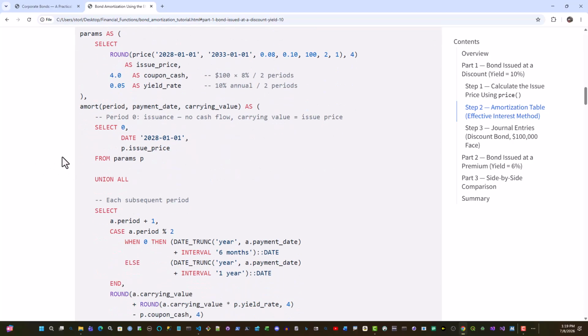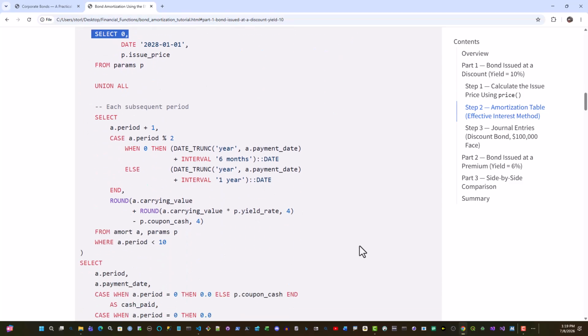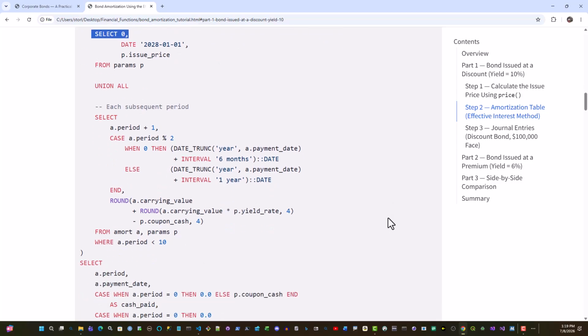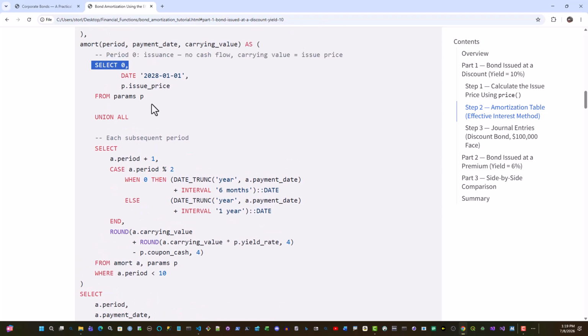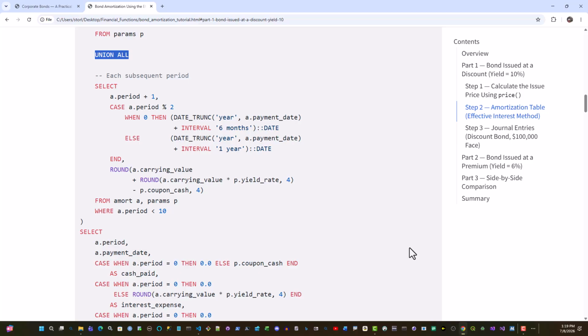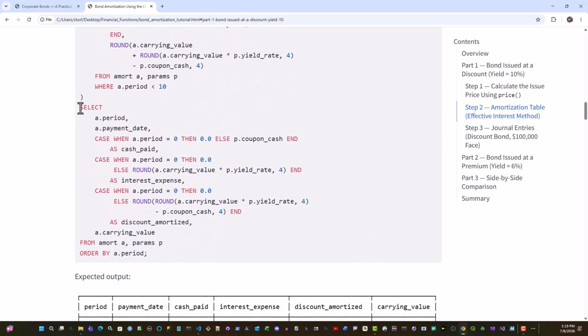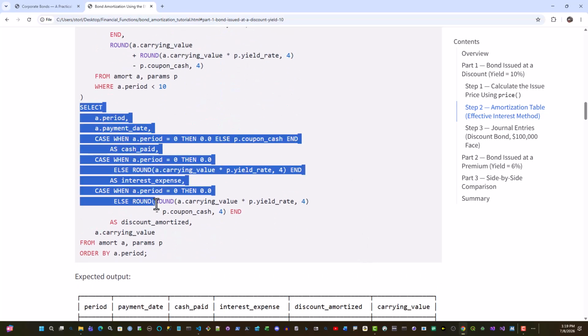Then you set up zeros for when you first start this table. You start with a 0 in many of these fields. You have a carrying value, but typically a 0 in most of the other columns on the first period. And then you use union all because you do a recursive calculation. You can look at this yourself, I'm not going to spend much time on it. But here's the final portion of the query that basically creates the table.